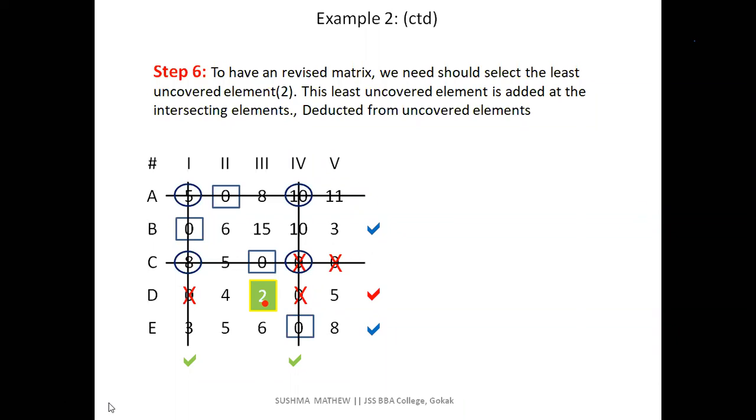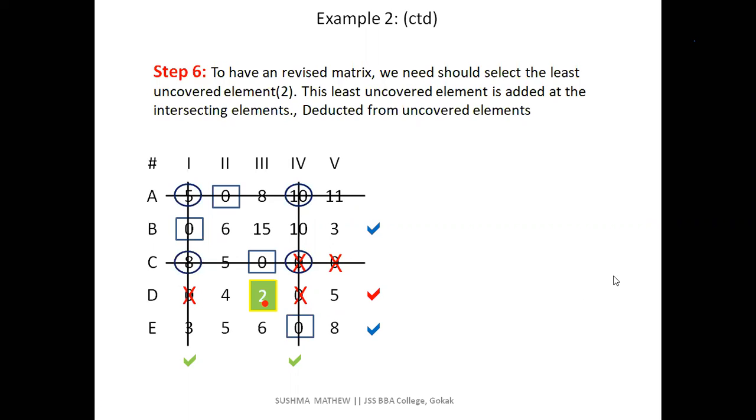At 5, 10, 8 and 0. These are called intersections. Intersection means the meeting point of two lines. At this point we are adding the least element, 2. Only at this point we are adding. Nowhere else do we add. Only at the point of intersection we are adding, and the rest of the uncovered elements are deducted. We only have to deduct 2.